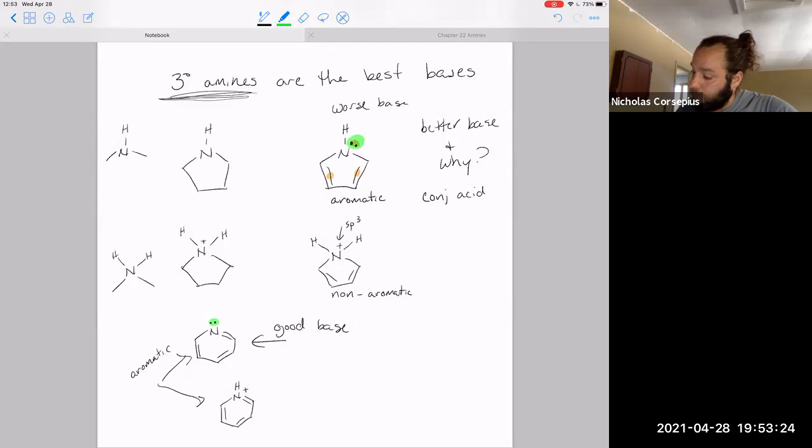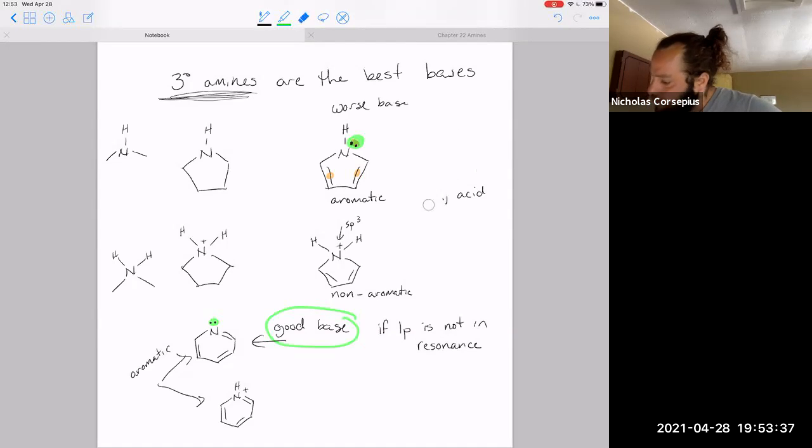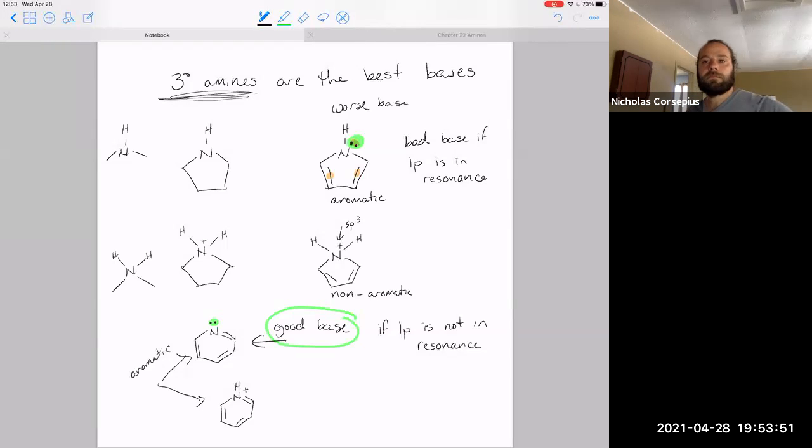It will be a good base if the lone pair is not in resonance, and it will be a bad base if the lone pair is in resonance. Cool.